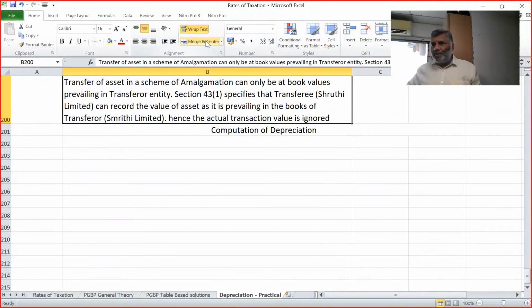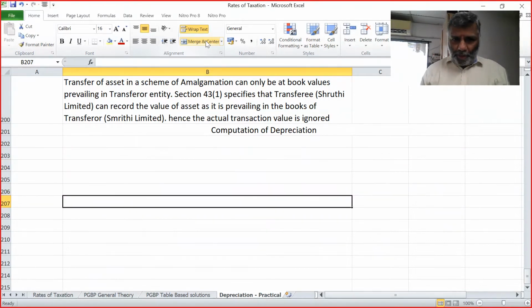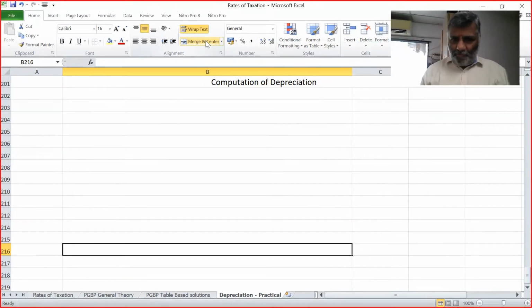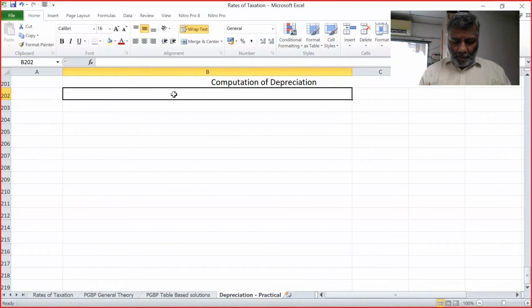Now I'm going to the computation of depreciation, which is the normal method.